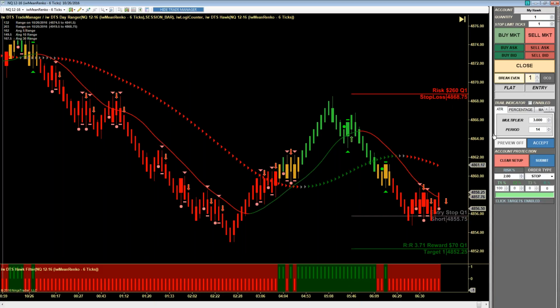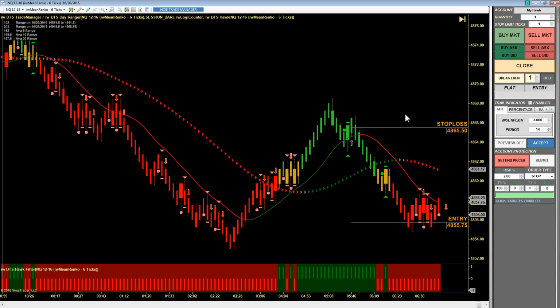Okay, so let me adjust this a little bit just so I can get an extra contract in there. So we'll go above that swing high. Nope, still not there. All right. So my risk amount does not change. I'm risking 2% of my capital, which is essentially $400, and I'm going to make about 100.